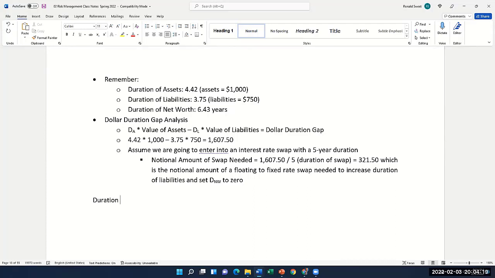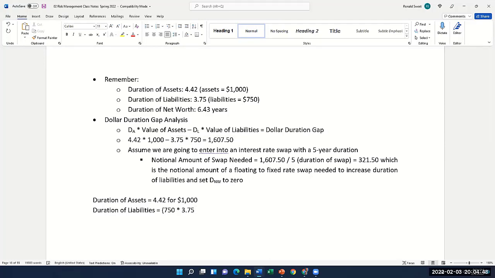This is from last week, our last class, equals 4.42 for an asset value of right at $1 billion. Duration of liabilities is going to equal 750 times 3.75. That's our duration of liabilities times our liabilities.